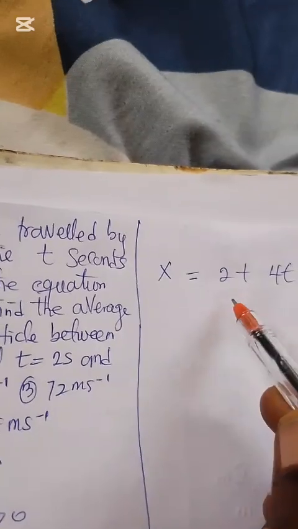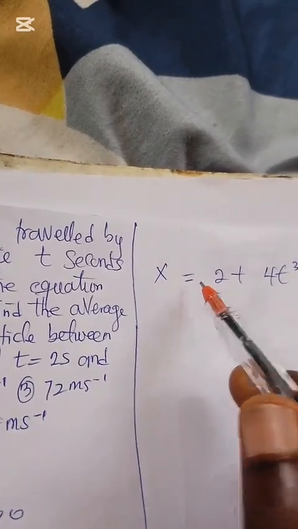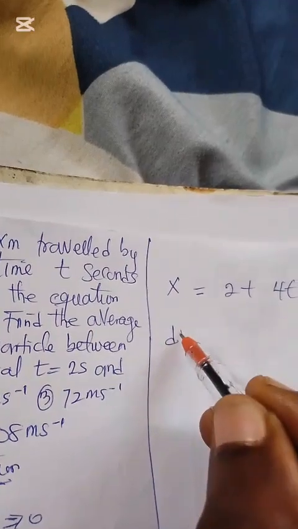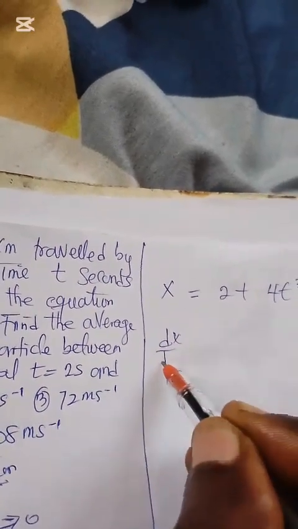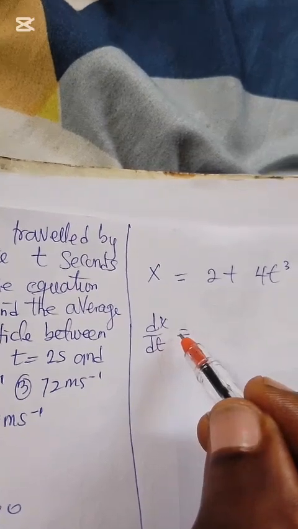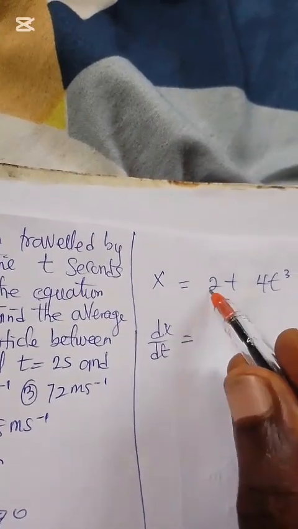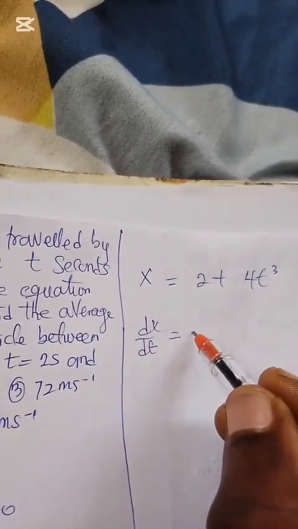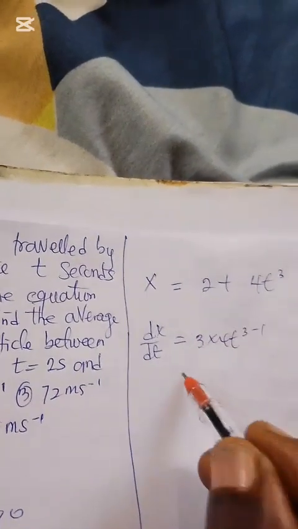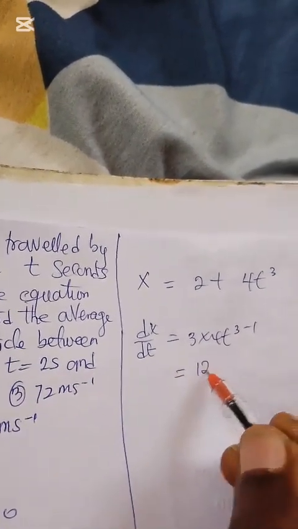So if you have a question like this, you are differentiating 2 times. You're using higher derivatives, which means if I differentiate x with respect to t, whatever I have here is now velocity. So this is already 0, then this will be 3 times 4t raised to power 3 minus 1, which will be 12t raised to power 2.